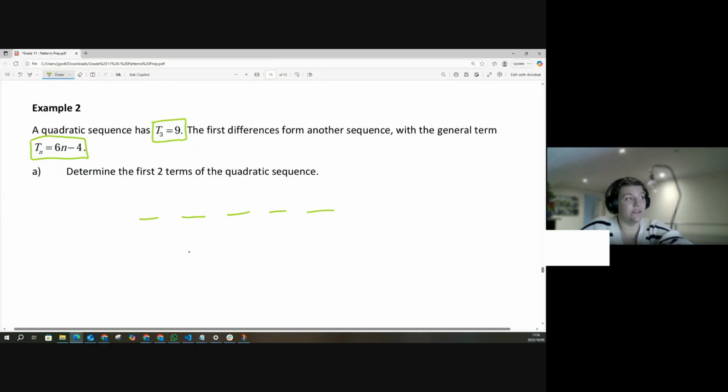We know that term 3 is 9. And we know that our first differences are going to have a pattern of Tn equals 6n minus 4. Okay. So the question here is to determine the first two terms of the quadratic sequence.